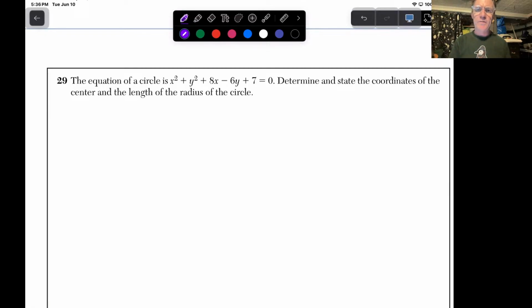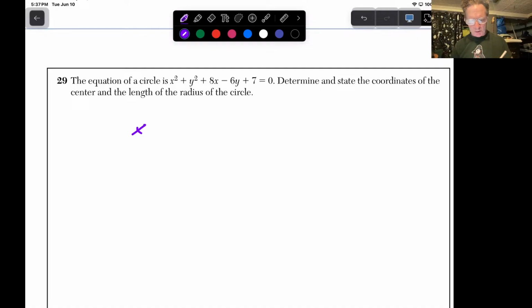So for this one, if you can't graph it, you'd have to use completing the square. Again, if you have Desmos, go ahead and graph it in Desmos, and then sketch the diagram on here just to show your work, and then use the Pythagorean theorem, and I'll show you what I mean, to figure out the radius.